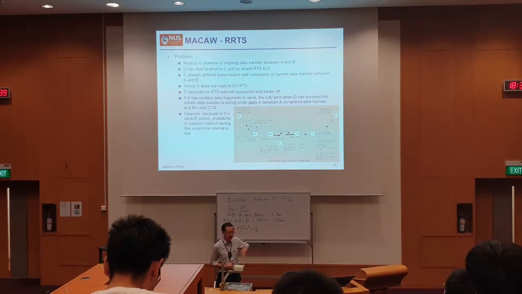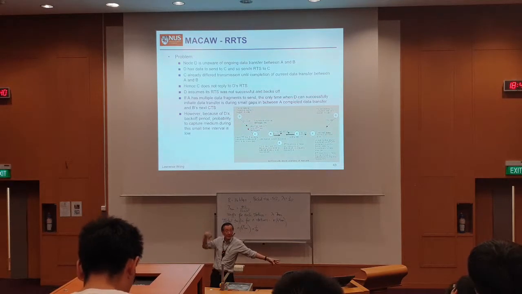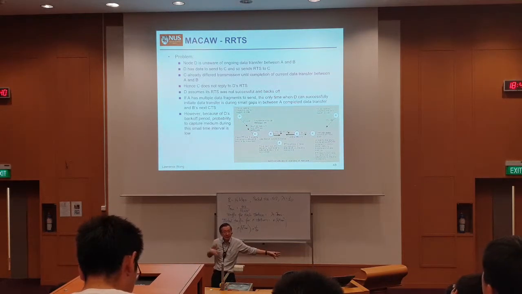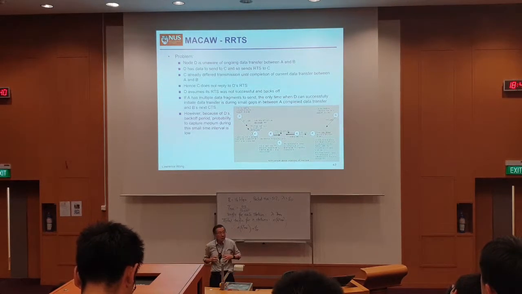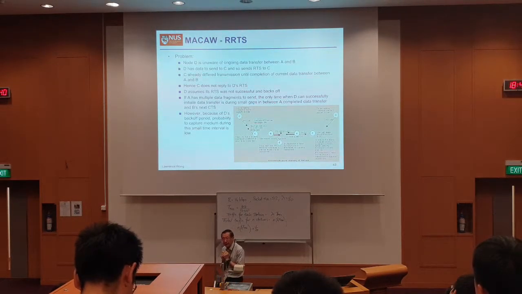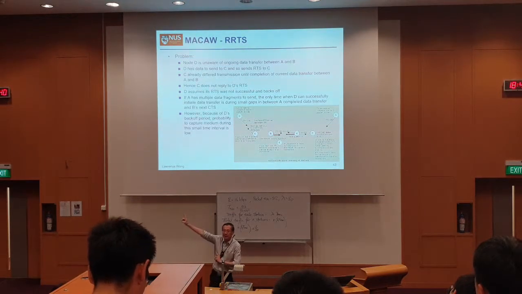D wants to send to B, right? D sent the RTS, but he knows that he cannot send anything in case he disturbs it. But because I'm closer to the action, I can find an opportunity, a window in between all this, and quickly send out a request for RTS to D.